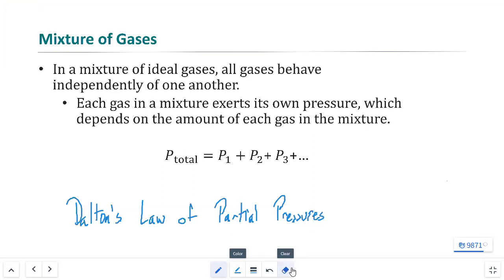And Dalton's law of partial pressures has some really interesting applications, because it allows us to make some adjustments along the way if we run into situations that are kind of unique and different.